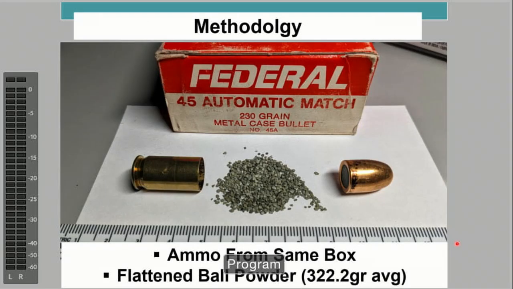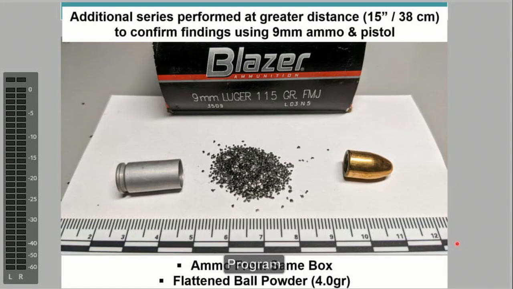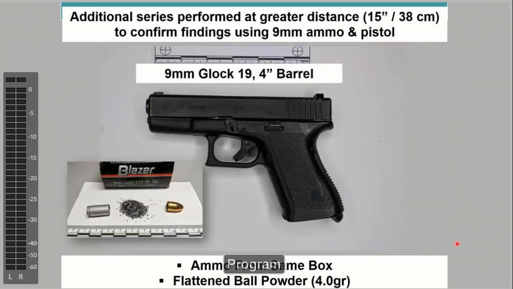I used 2 types of ammunition: .45 ball, all from the same box, flattened ball powder, with a 5-inch barrel Kimber, and then a 9mm Blazer, also flattened ball powder, with a Glock.